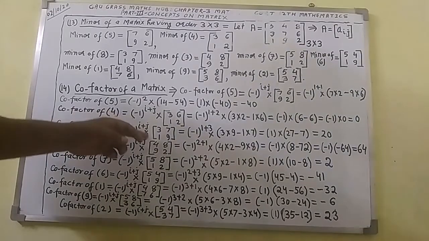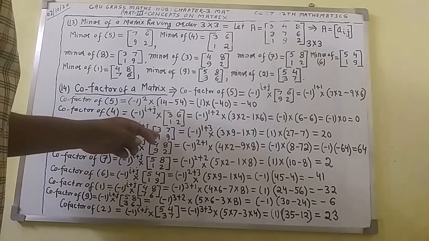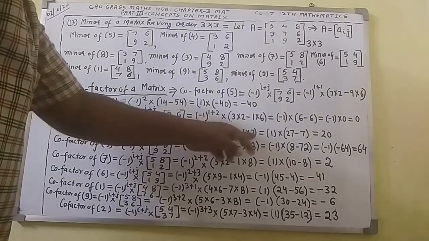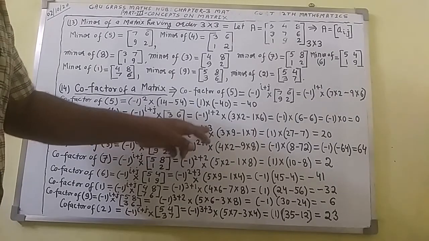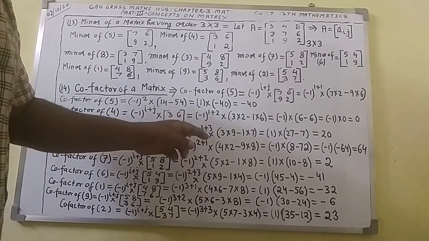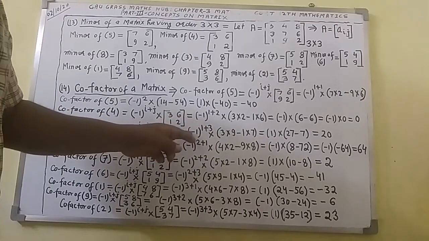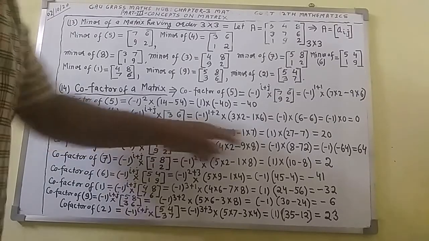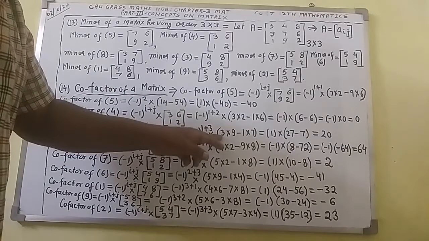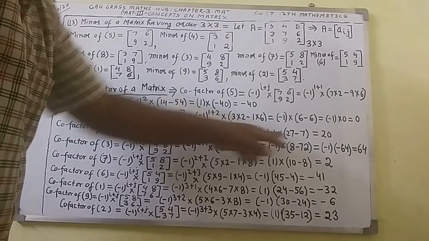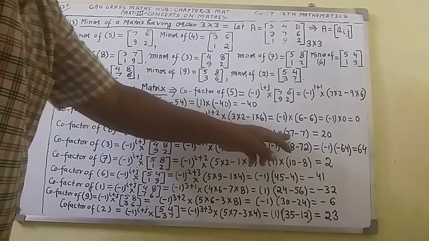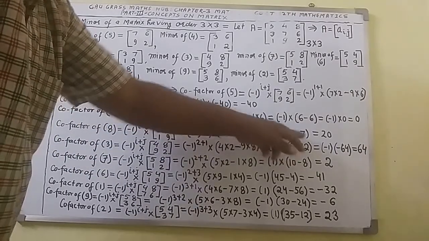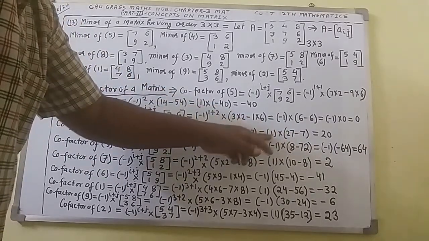The reverse diagonal elements will be multiplied together, you will get 1 into 7. Minus 1 raised to power 1 plus 3 comes out to 4, and minus 1 raised to power 4 comes out to 1 here. 3 will multiply with 9, you get 27, minus 1 multiplied by 7 gets 7. 27 minus 7 gets 20, 20 multiplied by 1 gives 20.